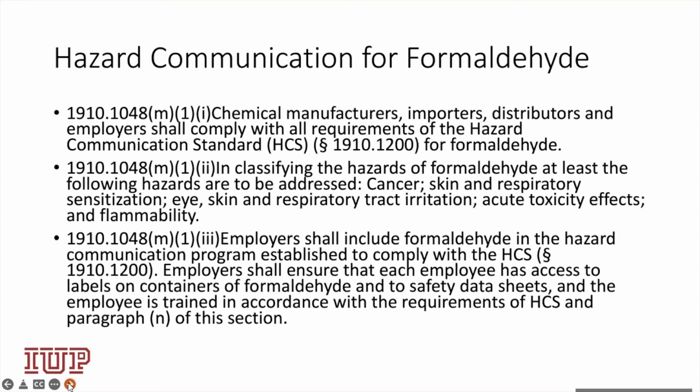Employers shall include formaldehyde in the hazard communication program established to comply with the OSHA standard 1910.1200. Employers shall also ensure that employees have access to labels on containers of formaldehyde and to safety data sheets, and the employee is trained in accordance with the requirements in section (n) of section 1910.1048.